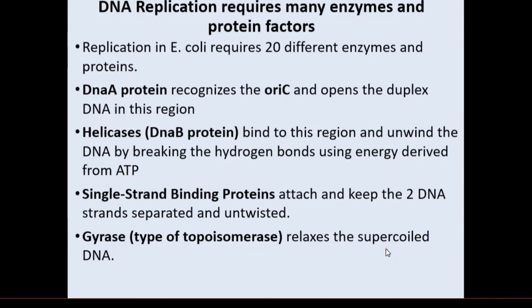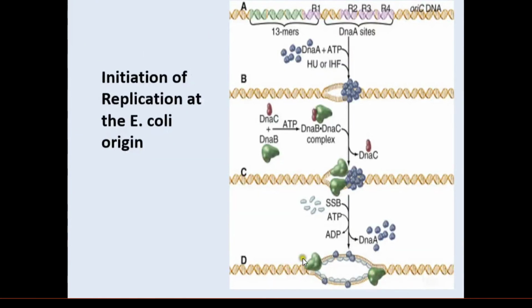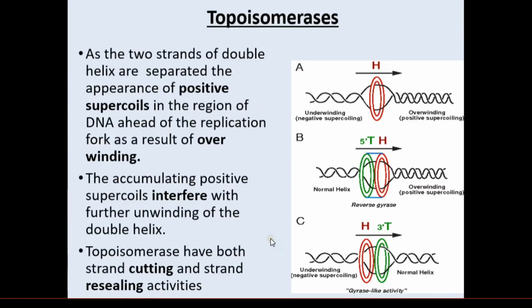Now, what is supercoiling? Topoisomerases. As the two strands of the double helix are separated, positive supercoiling appears in the region of DNA ahead of the replication fork as a result of overbinding.